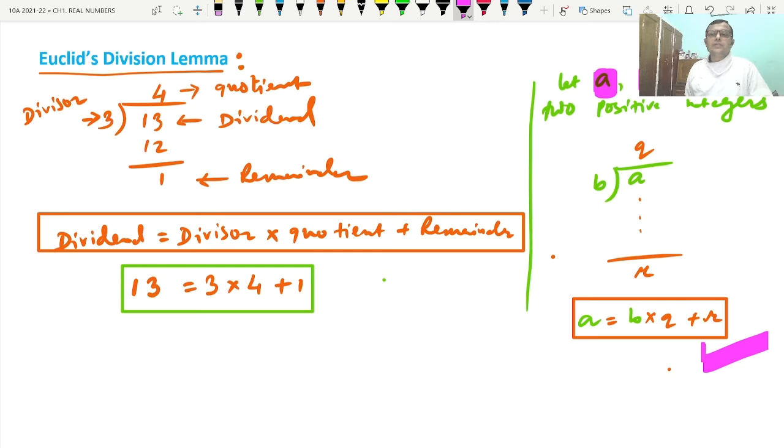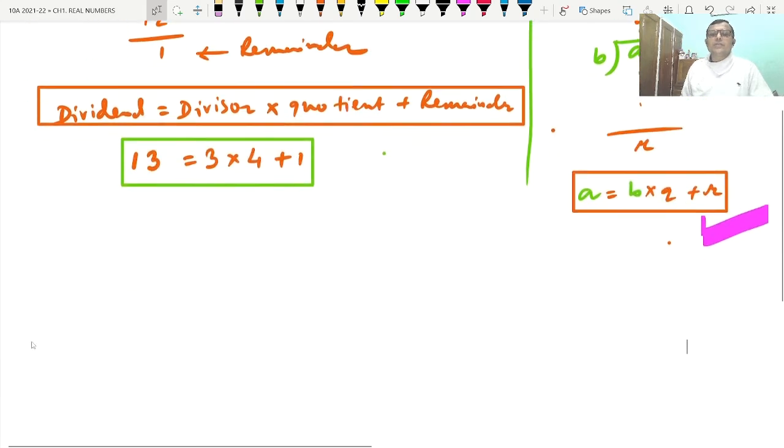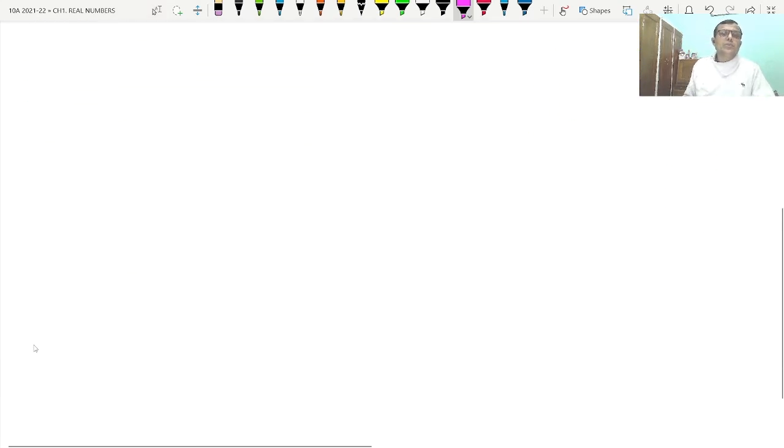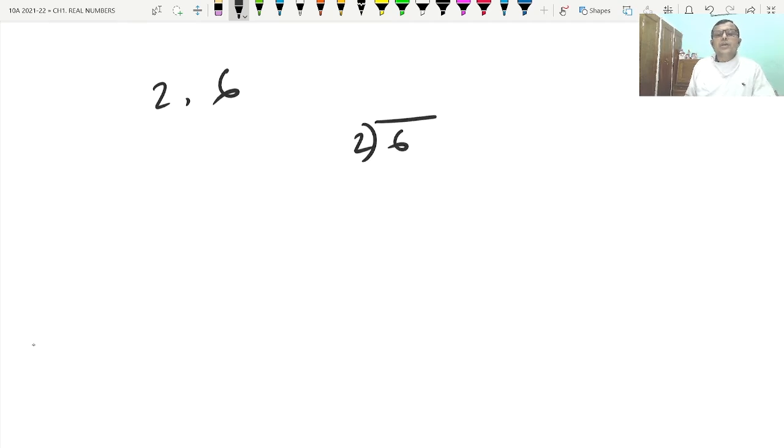Is this point clear to you? Any two positive integers, let us take 2 and 6. If you divide 6 by 2, you will get quotient 3 and remainder 0. So r is equal to 0, q is equal to 3.